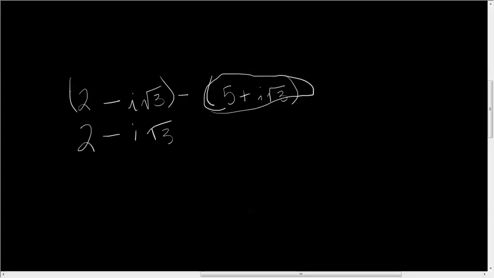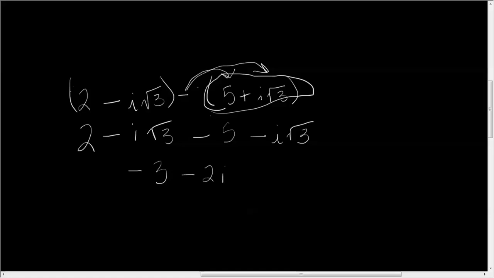This minus has to be distributed to everything inside this parentheses, so it's going to be minus 5 minus i square root of 3. Now I can combine my real numbers. 2 and negative 5 is negative 3. And I have a negative i square root of 3 and a negative i square root of 3. So I would now have negative 2i square root of 3.